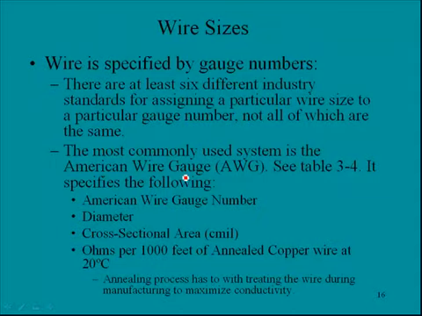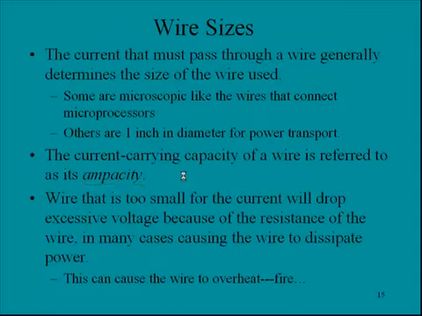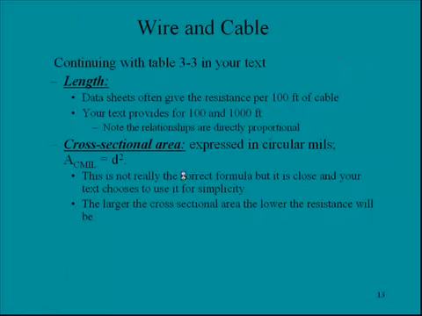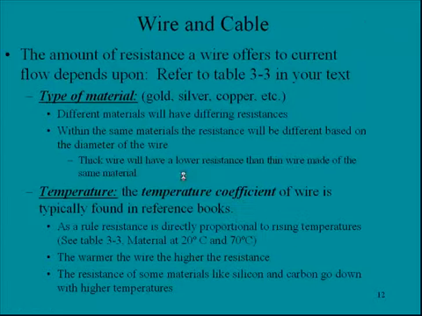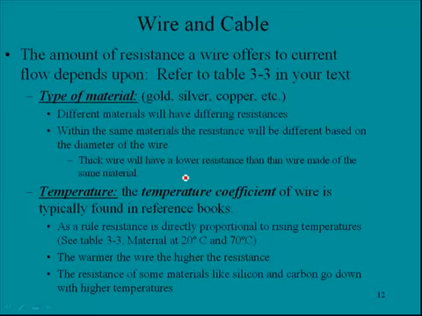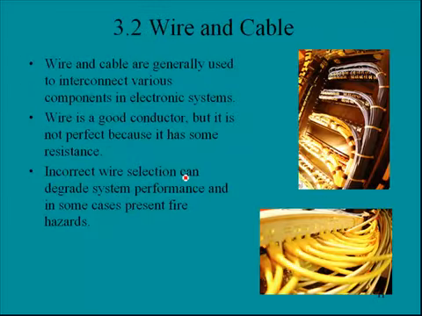We looked at wire sizes, ampacity. We looked at circular mills, and we looked at the things that affect resistance, being the type of material, temperature, length, and cross-sectional area. So that concludes 3.2 wire and cable.